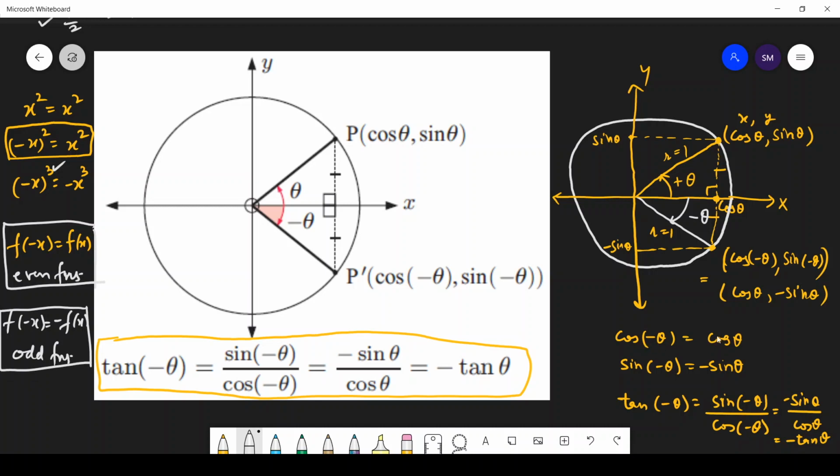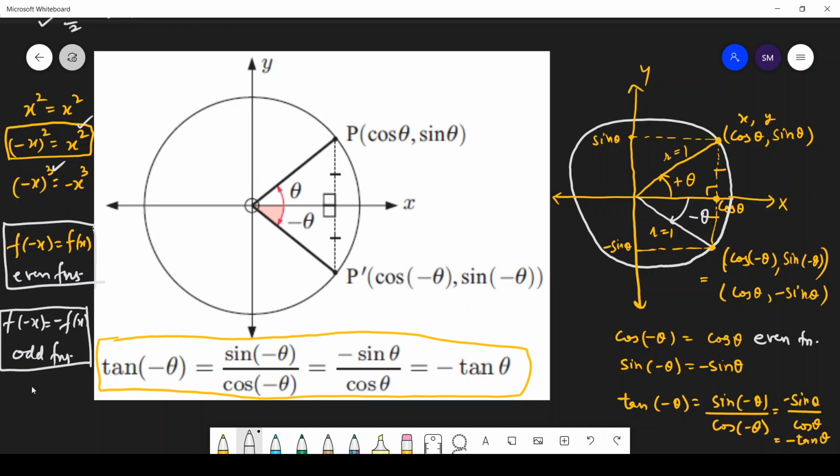So tell me, cos theta, is it an odd function or an even function? When the power is even, whether you take the negative or not, it doesn't matter. It's the same. So what kind of function is it? Even function.